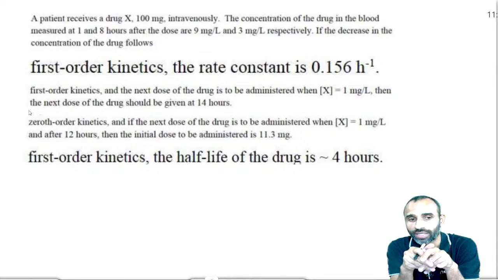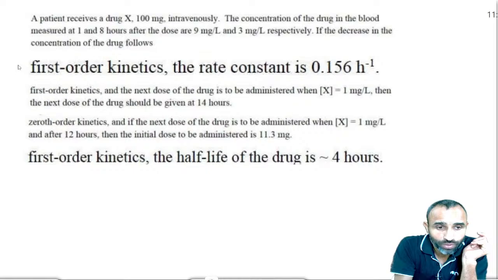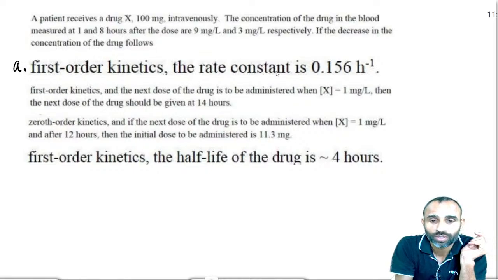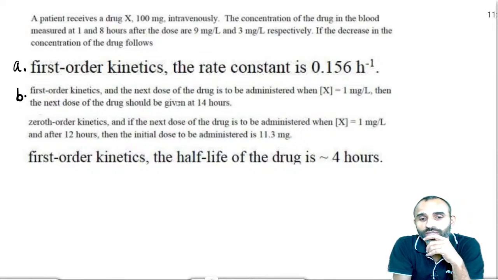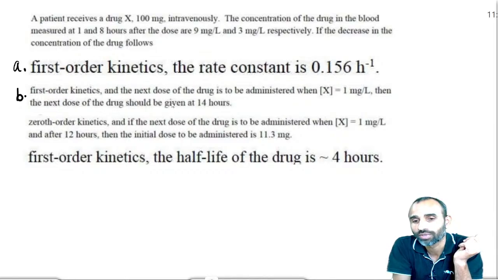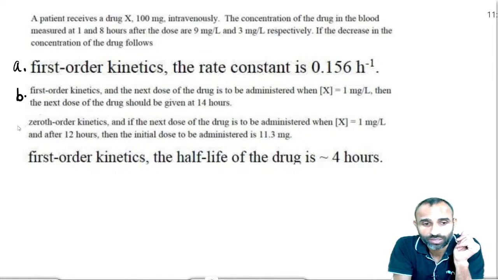If the decrease in the concentration of the drug follows first order kinetics, what is the rate constant? Correct? First order kinetics and dose of the drug is administered. X is 1 milligram per liter. The next dose of the drug should be given after 14 hours.